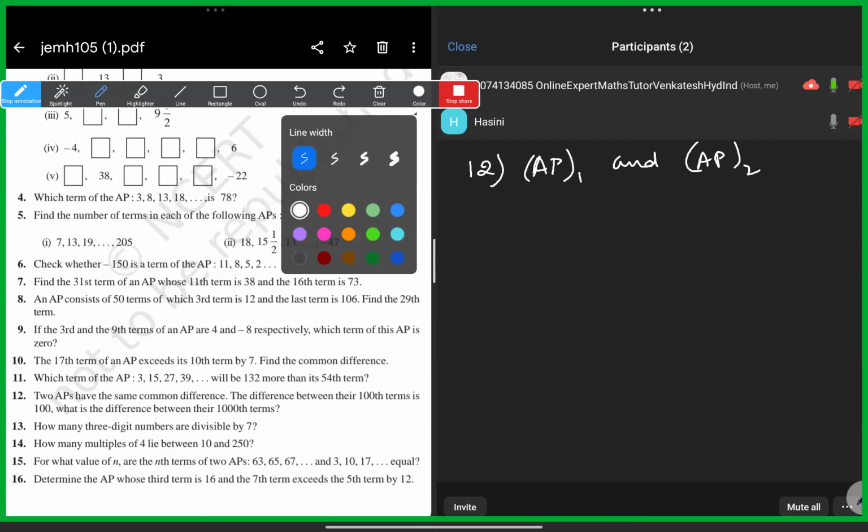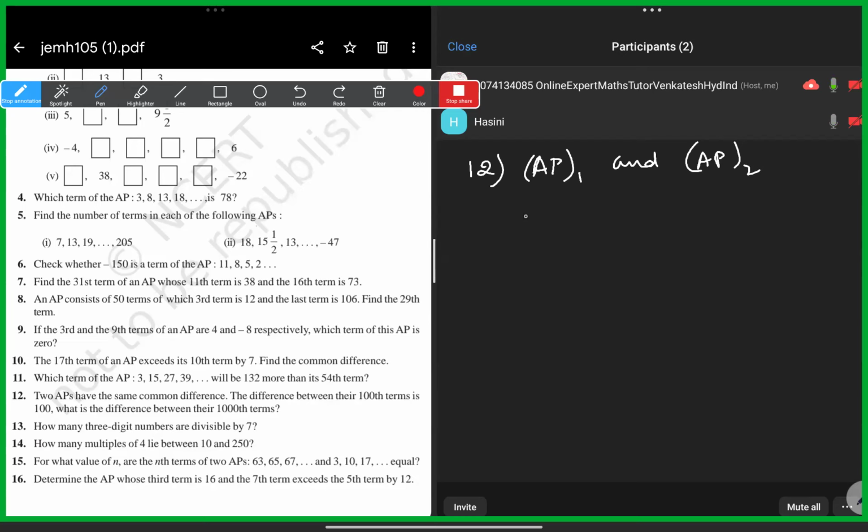Let us keep capital A100 for the 100th term in the first series and small a100 in the second series, because using the same letter will confuse us. Capital A100 is the 100th term in the first series, and small a100 is the 100th term in the second series.